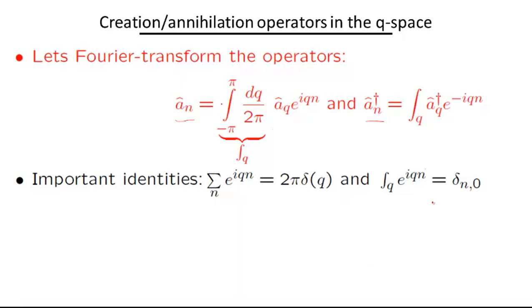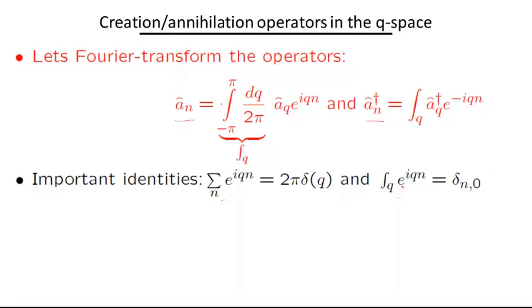There are a couple of identities that I want to emphasize without deriving them. The first one is the sum over all integers, basically over all the oscillators in our problem, so n goes from 0, plus minus 1, plus minus 2, etc. If I sum over all these n's, these exponentials will give rise to 2 pi times the delta function. The inverse identity is that if I integrate the exponential from minus pi to pi, the right hand side is going to be a delta symbol.